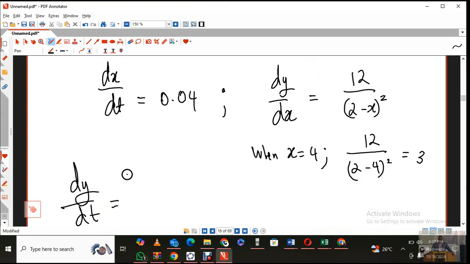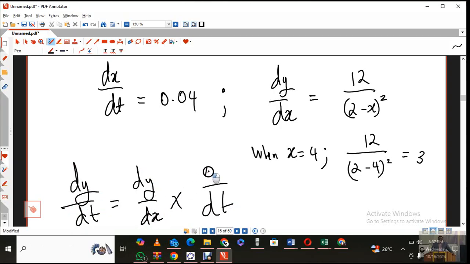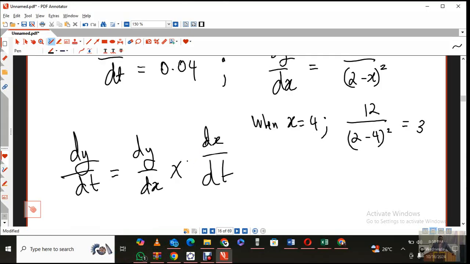So that is dy over here, dt over here. So what do we fill in here? Remember, it has to be the same thing. This is dx, and that is dx. Now let's fill in what we have. We know dx dt is 0.04.